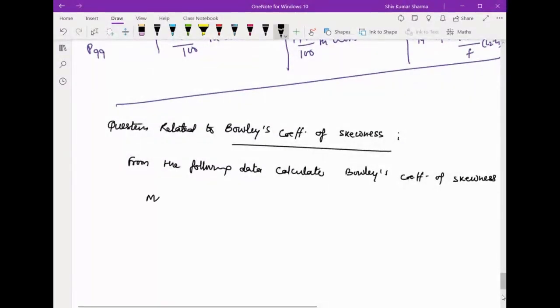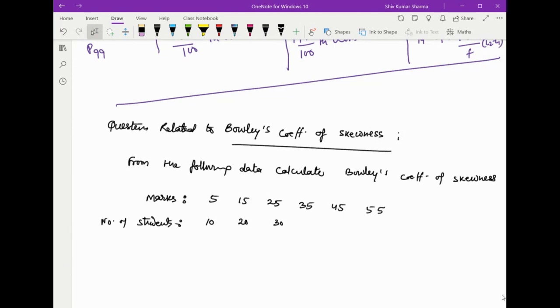Data is given as marks: 5, 15, 25, 35, 45, 55, and number of students: 10, 20, 30, 50, 40, and 30.